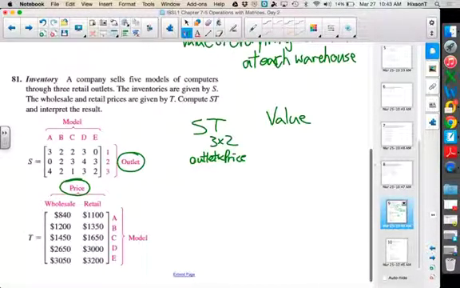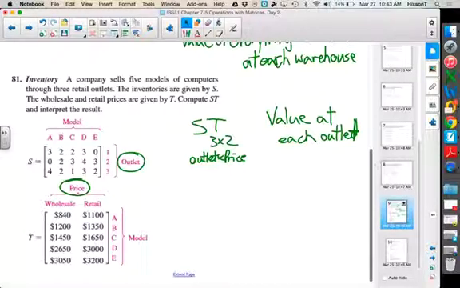So here you're getting the value wholesale and retail at each outlet. Alright, so I think you guys are getting the idea of those, but again, interpreting your answer is really important to be able to do.